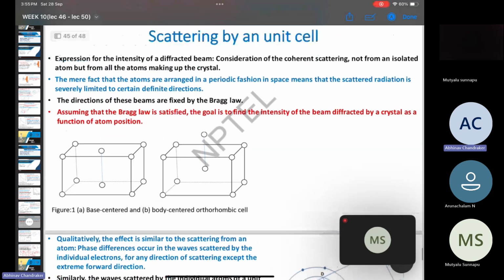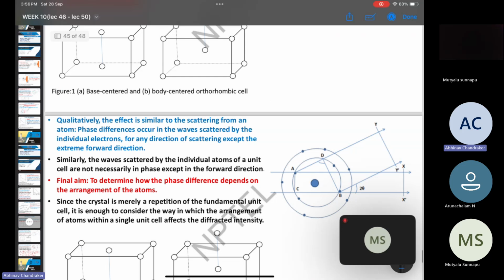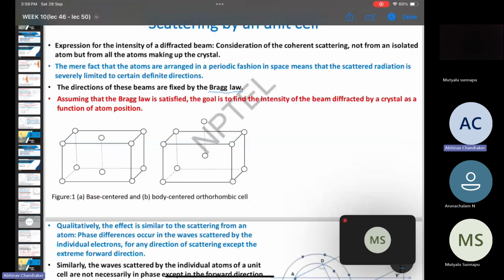We already know that the angles at which diffraction can occur will be governed by Bragg's law. I won't talk about the derivation of Bragg's law right now, but you can look it up if you are not sure why a diffracted beam can only be observed at particular angles.